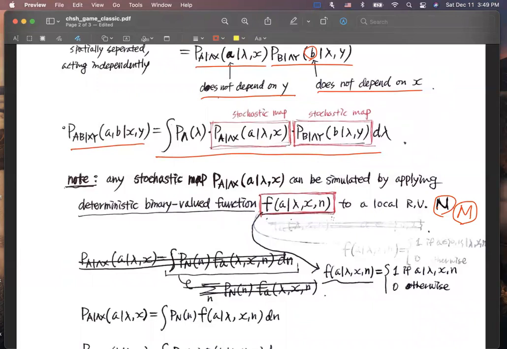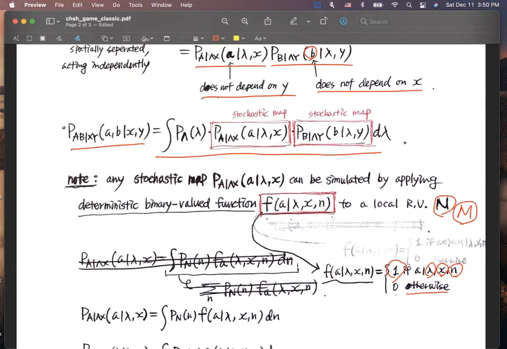So whenever Alice decides a value given lambda, the game strategy, x from Charlie, and also some local hidden variable, then this f function returns 1, otherwise 0. So whenever Alice decides, the f function gives 1 if she decides true, otherwise 0.